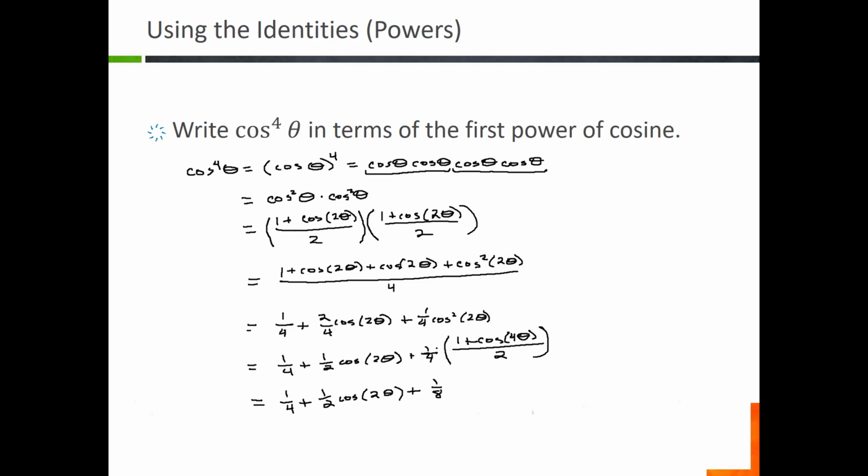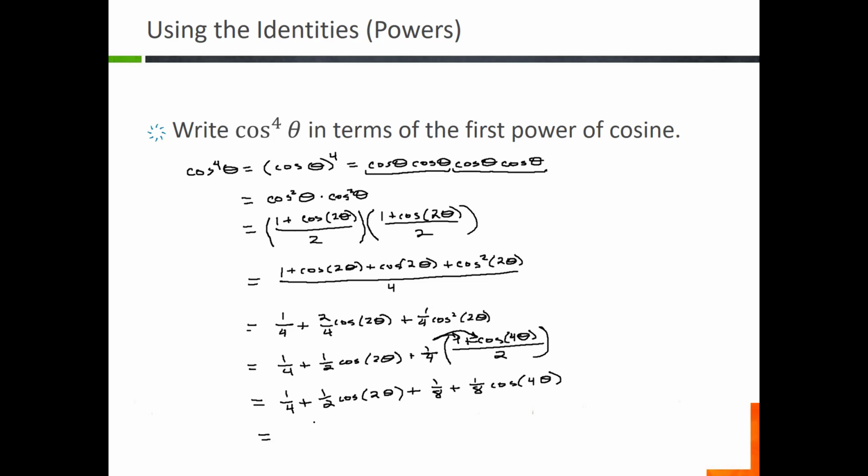And if I distribute that 1/4 in here as well, we're doing two things in one step. That's 1/8 times a 1, so it's just 1/8, plus a 1/8 times that cosine. So plus 1/8 cosine of 4 theta.